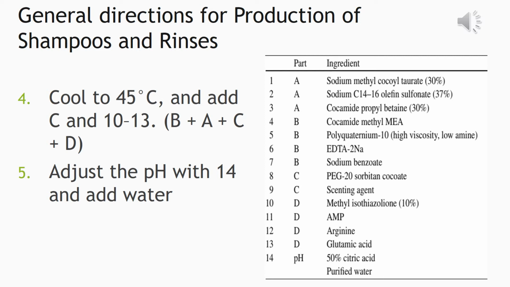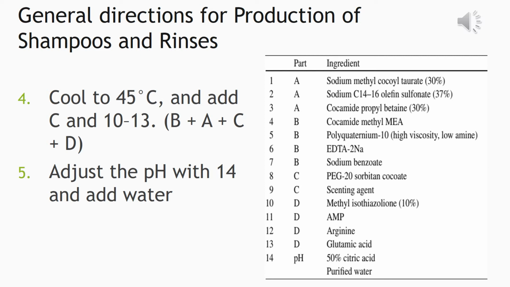We shall add these 4 and we shall cool the above mixture to 45 degrees centigrade. Then we shall add C and then we shall add 10 to 13. This will be the mixture A plus B plus C plus D.